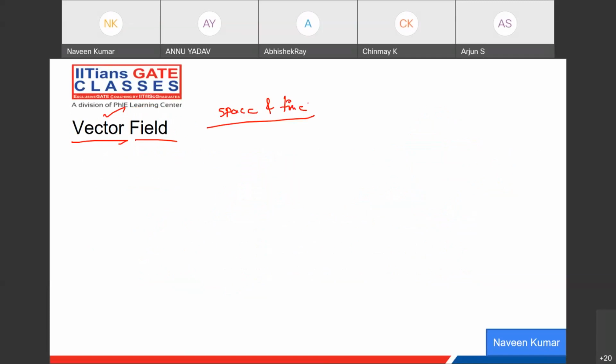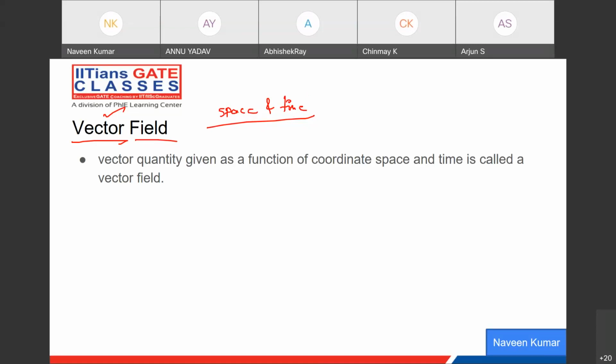Any example of a vector? Acceleration. Right, but before acceleration you need velocity, right? Yes, sir. So velocity also. Any other vector quantity you want to add?